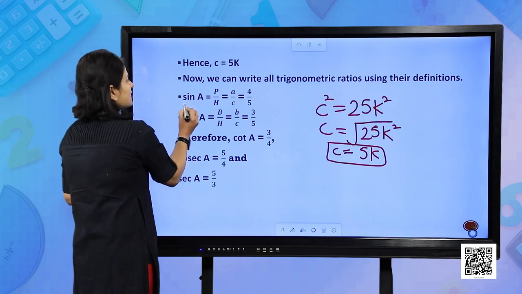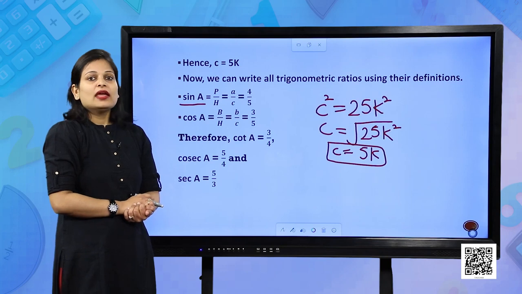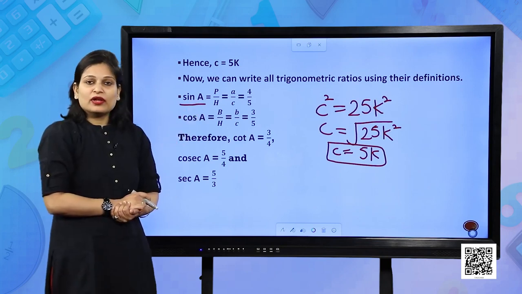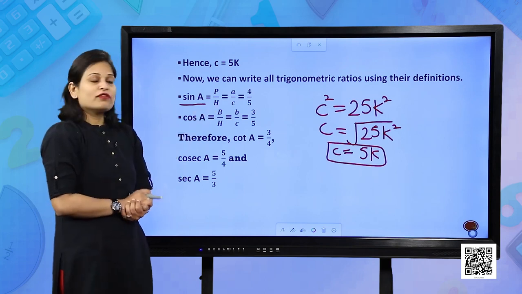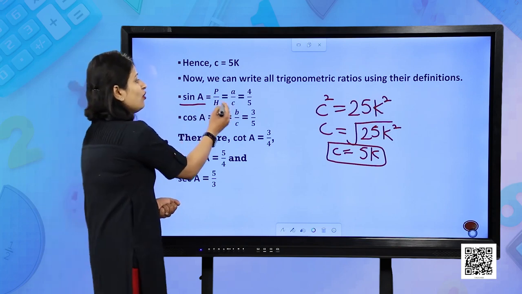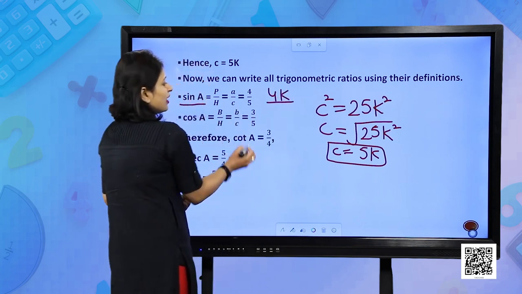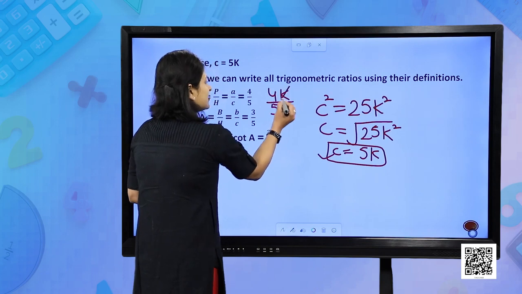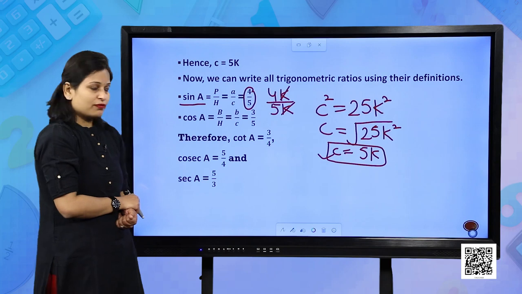As you know, sine A is perpendicular upon hypotenuse. Here I have taken the length of the perpendicular as a and the length of the hypotenuse as c. We have the value of a as 4k and c as 5k. So you will cancel out k over here, you will get 4 upon 5.